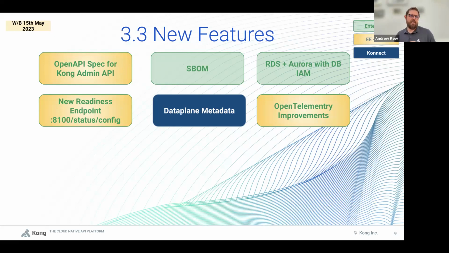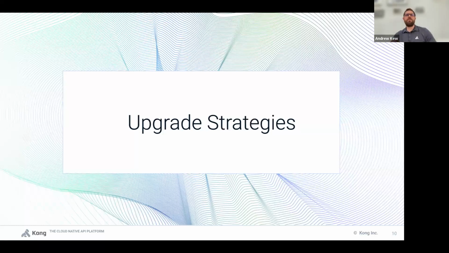So just getting that additional metadata stored with each of your data planes that are deployed with all of your runtime groups as well. So that's effectively the new changes that have come out in Kong 3.3.